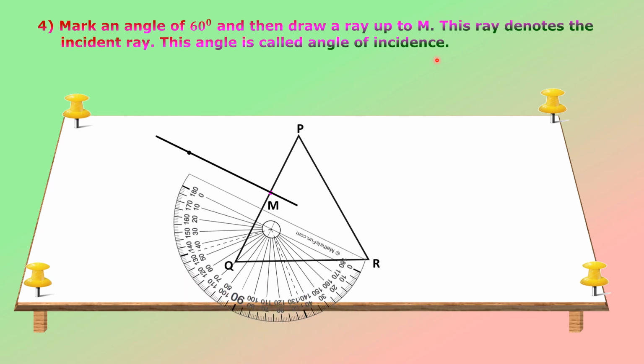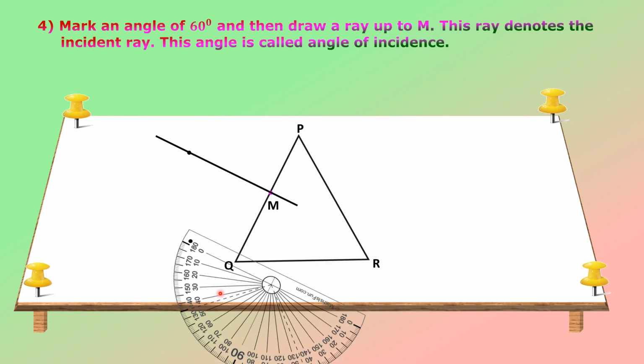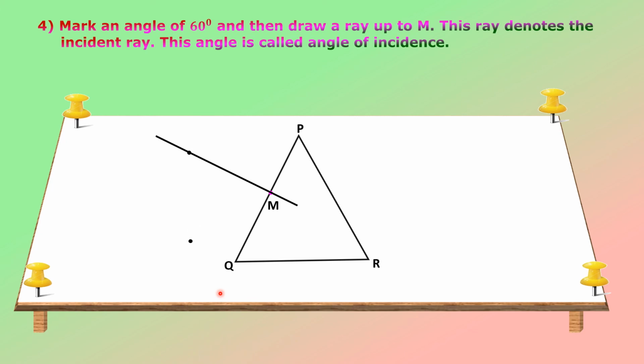Let us mark an angle of 60 degrees by using a protractor. Here is 60 degrees. Now we have to draw a ray up to M through this point, and this ray indicates the incident ray.